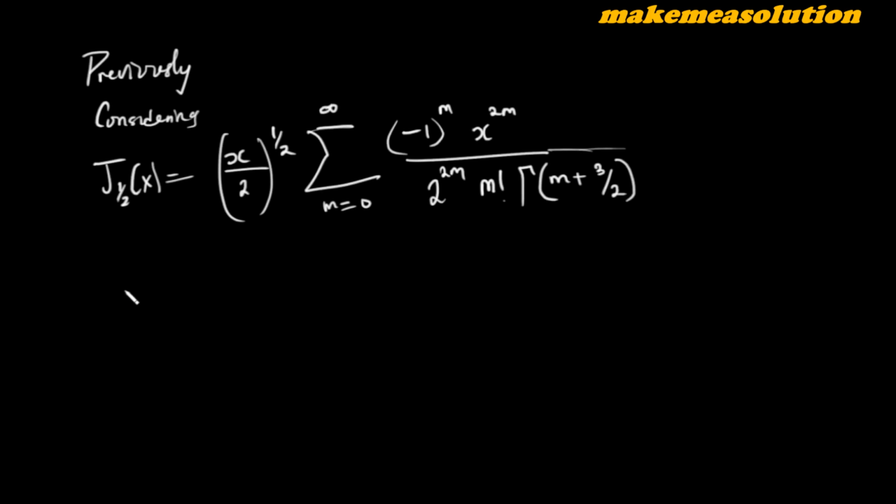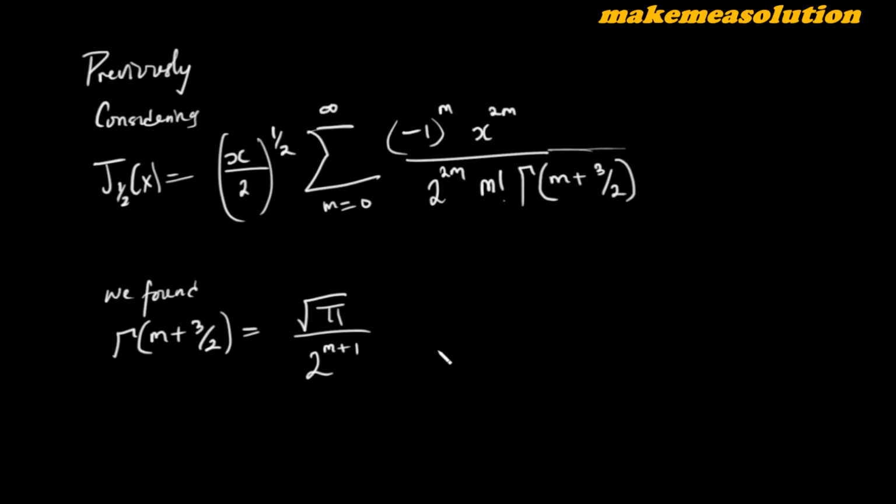From which we found that gamma of m plus 3 over 2 was the same thing as root pi over 2 raised to the power of m plus 1, times the product of the first m odd numbers, which is 1, 3, 5 up to 2m plus 1.